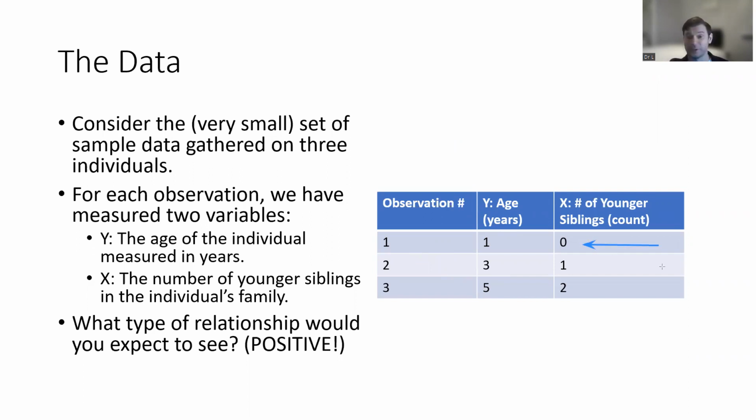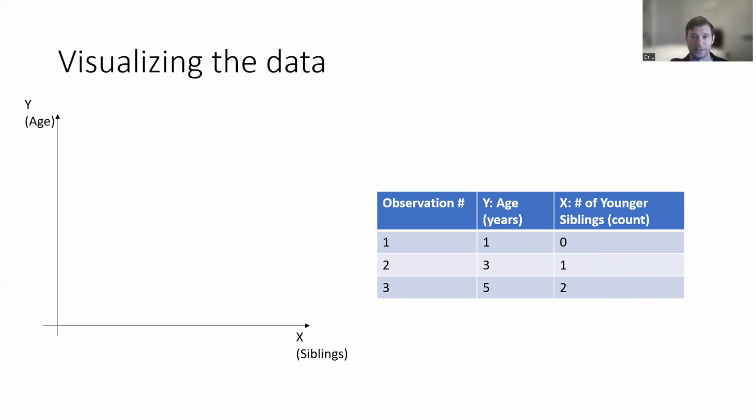Observation 2, who is 3 years old, has 1 sibling. And observation 3, who is 5 years of age, has 2 siblings. So it looks like here, as the number of years of age increase, that's associated with larger numbers of siblings on average. And to visualize this, we want to use the appropriate visualization technique, that being a scatter plot.